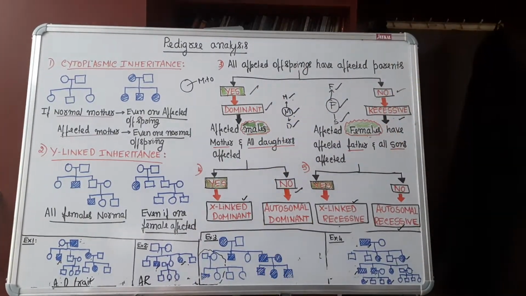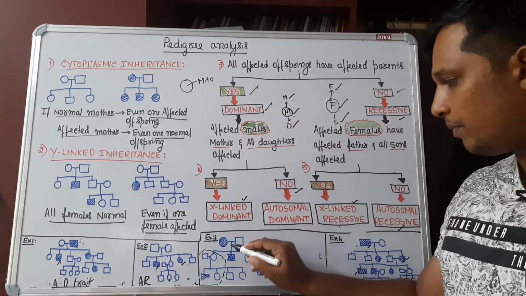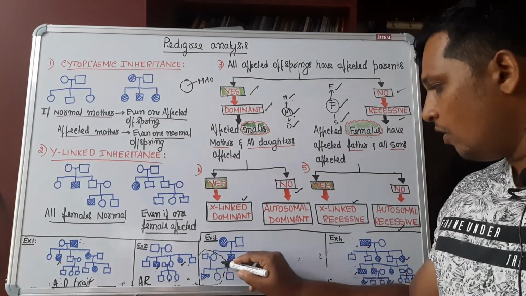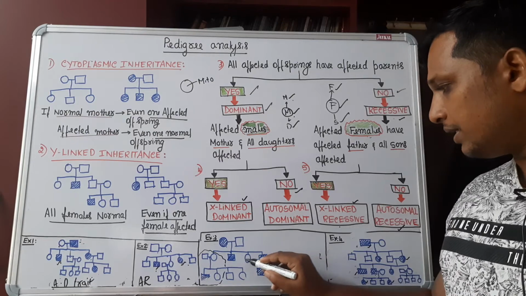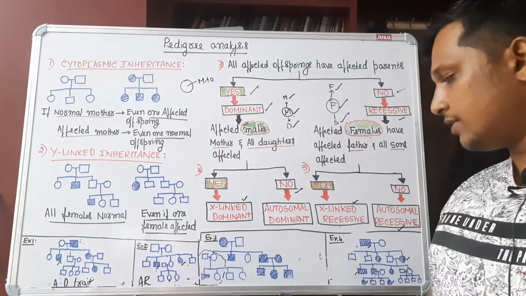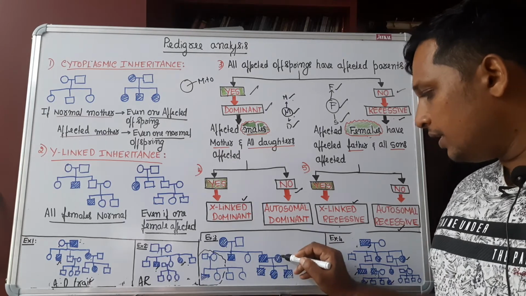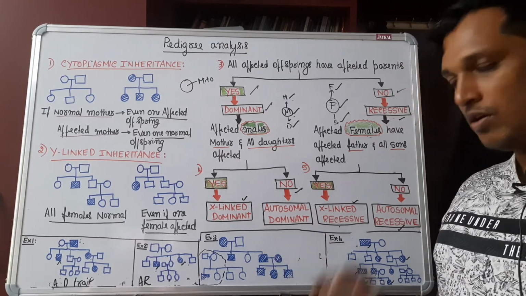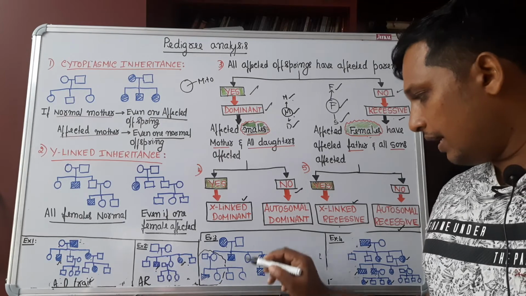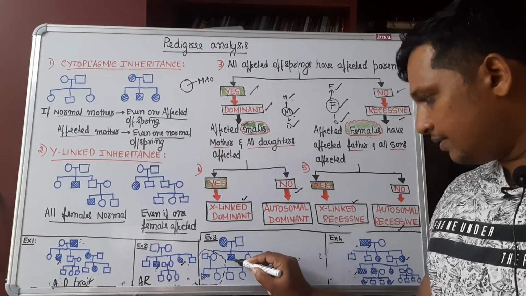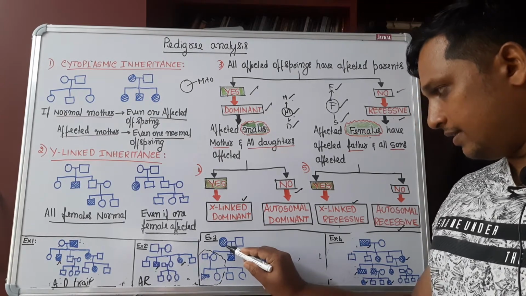Chart number 3. First step, cytoplasmic inheritance. An affected mother must have all affected children, but here there are normal children, hence it is not cytoplasmic. Y-linked inheritance: females must be normal, but here an affected female is there, so it is not Y-linked. Third point, affected offspring must have an affected parent. It is there.